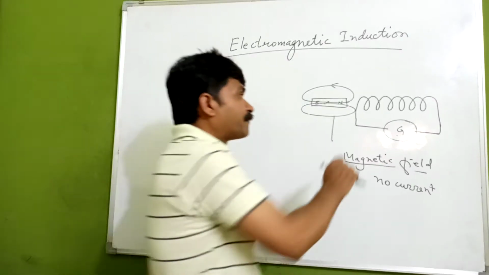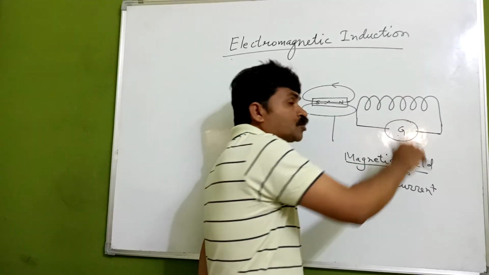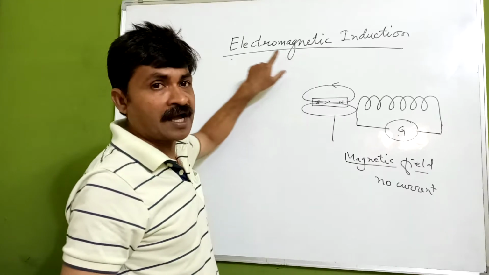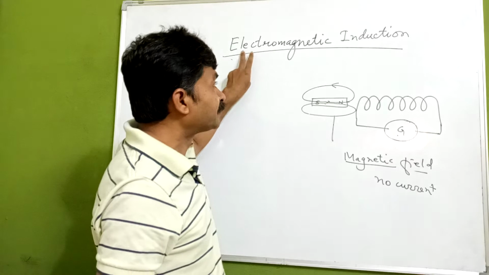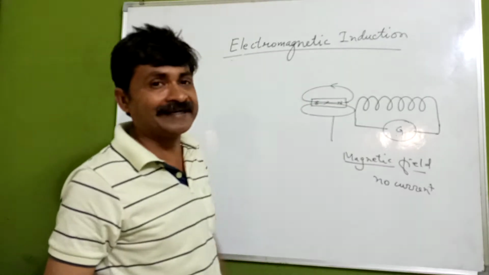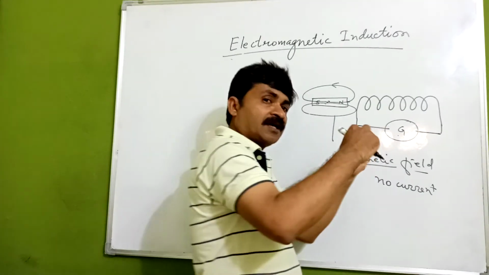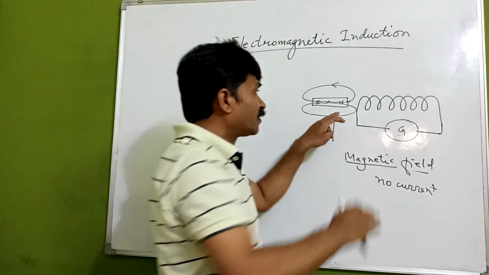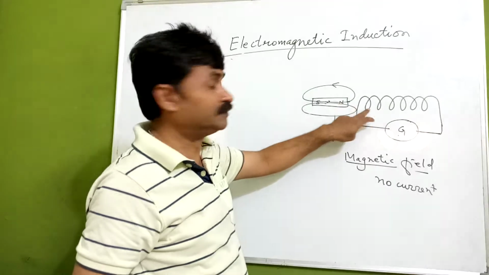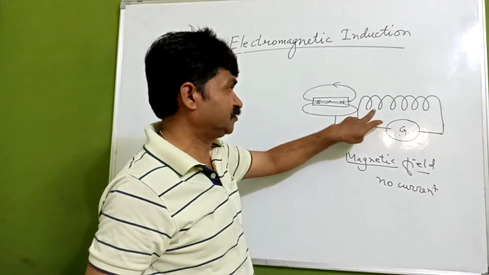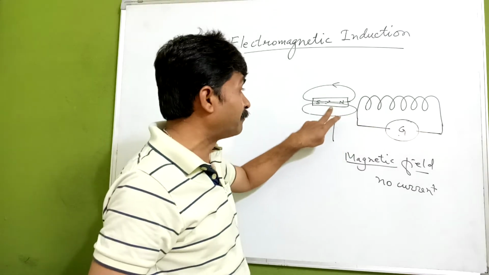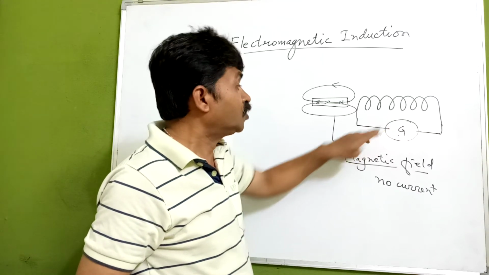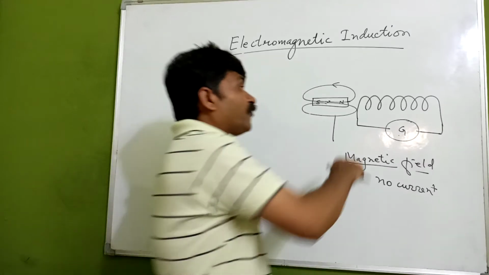Now the flow of current which is induced is induced because of the magnetic effect, so we call it electromagnetic induction. And there is no direct connection, meaning there is no touch between the magnet and the coil. Still there is a flow of current.